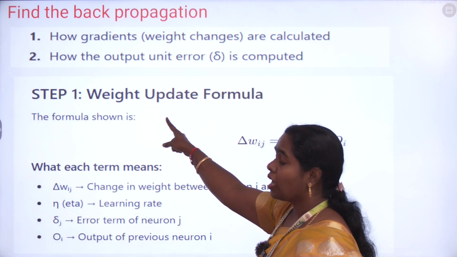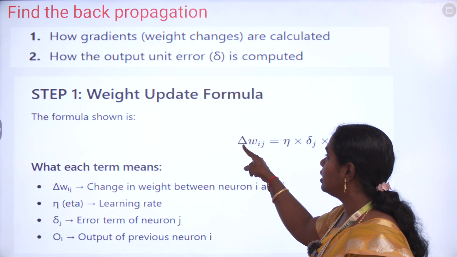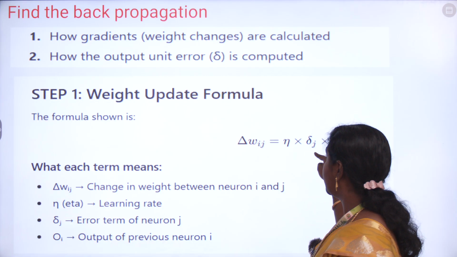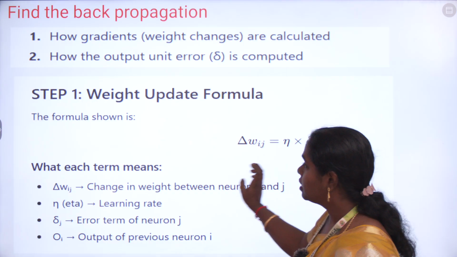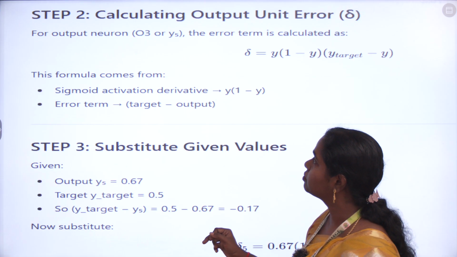First step, we have to update the weight. This is the formula: delta Wij equals eta into delta J into OI. The terms I already discussed in the previous slide.